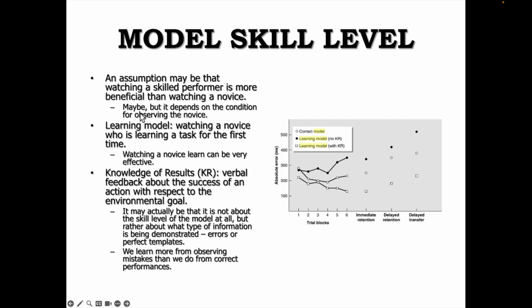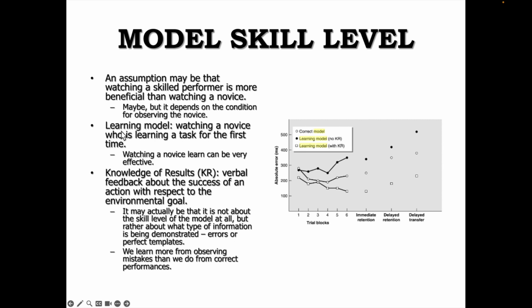This might be the case, but a lot depends on the condition for learning the novice. We could be looking at it as the right way to learn, or we could look at it from a learning perspective.